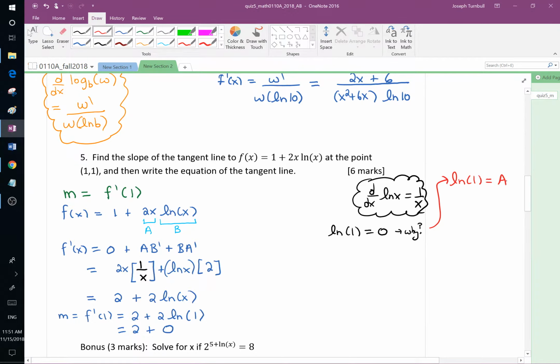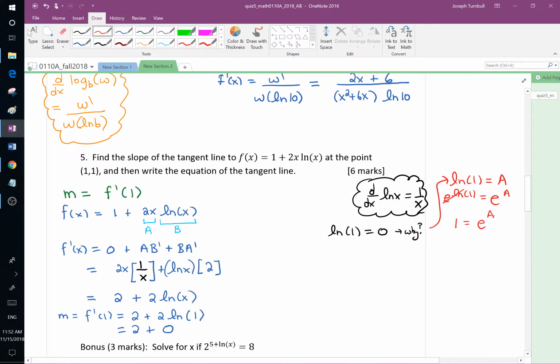What we could do to rewrite this is exponentiate both sides, just to see if we can get some insight into what's going on. So I'm going to raise both sides as powers on a base of e, because this is a log function of the base of e. So we have e to ln 1 is equal to e to the a. The e ln cancels, so 1 is equal to e to the a.